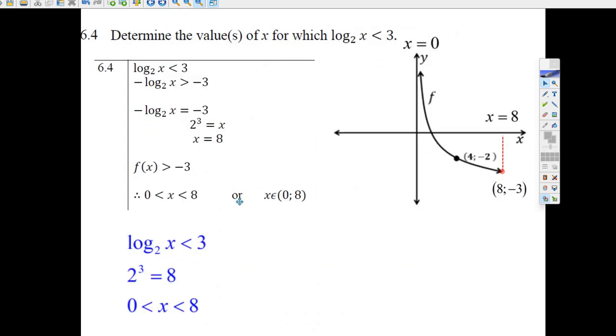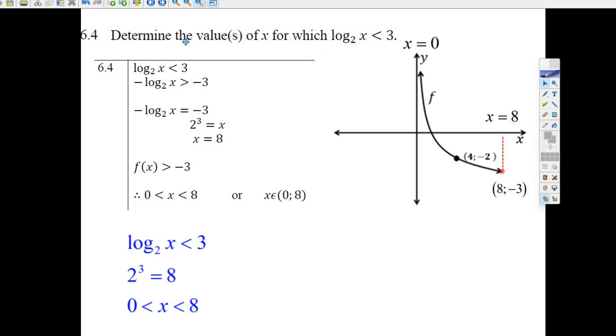Okay, let's take a look at this one. Now this one is a little bit annoying for me in a way. When they say determine the values for which the log of x to base 2 is less than 3, they want you to use the graph. Look at this memo with all these different things thinking about this graph. Now, you could just go straight to it.